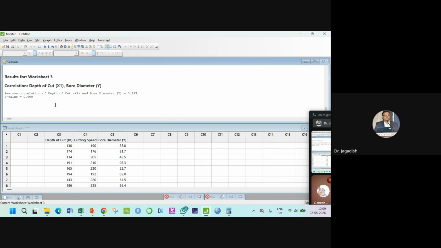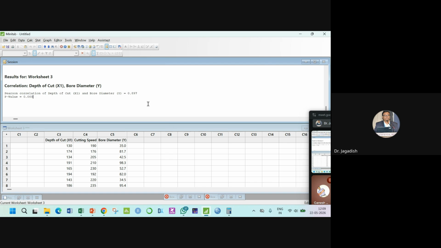Now you can see the result is obtained here. The Pearson correlation of depth of cut versus bore diameter is 0.897. Very good. R is equal to 0.89, so 89.7% degree, they are correlated with each other.